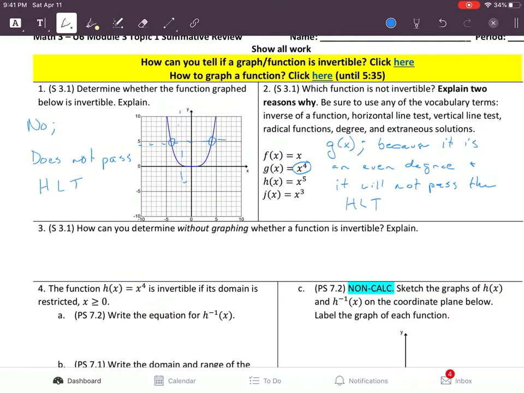For part 3, how can you determine without graphing whether a function is invertible? You can look at the degree of the function.